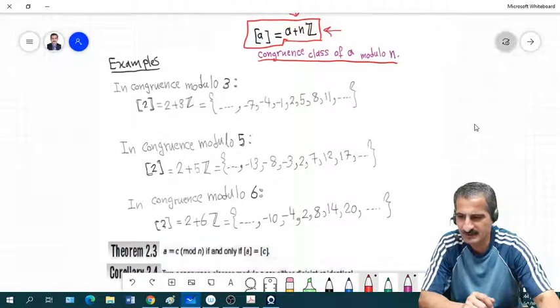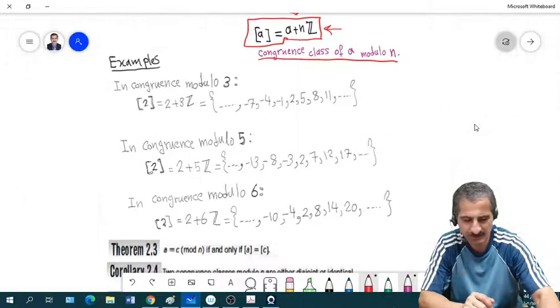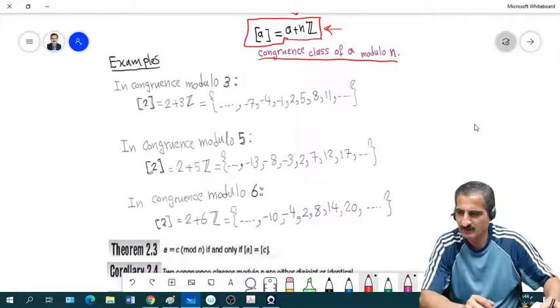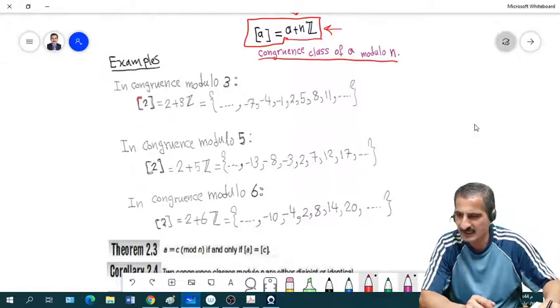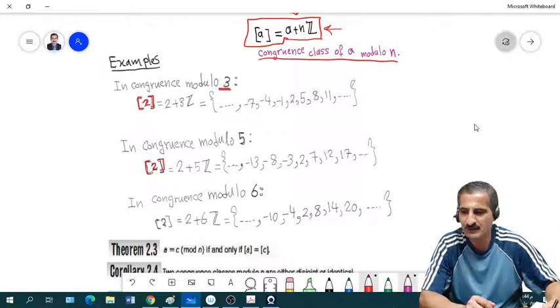These examples have something interesting to tell. Now we will take the equivalence class of 2, but modulo different numbers. At the beginning here we are taking the equivalence class of 2 modulo 3, which is 2 plus 3z.